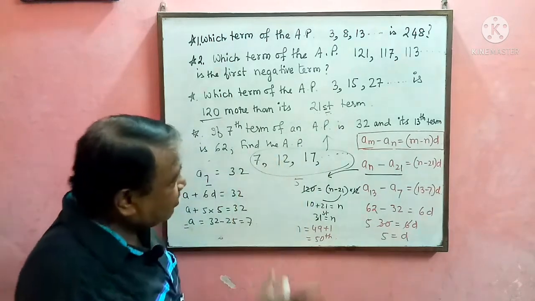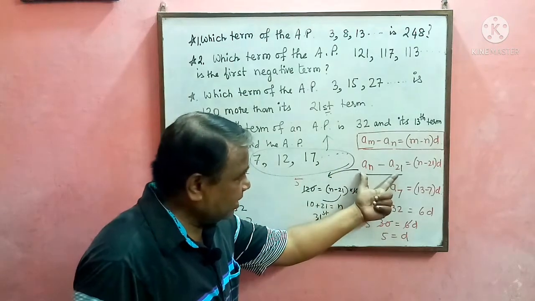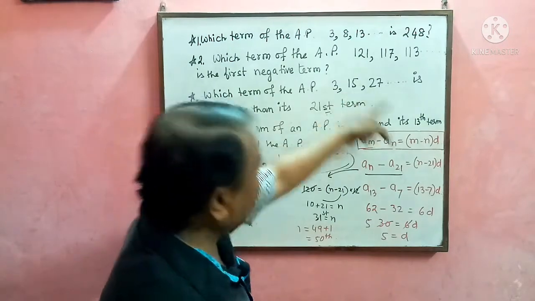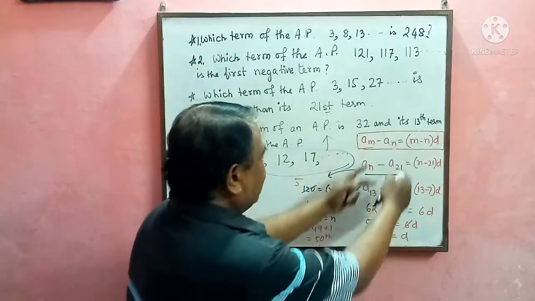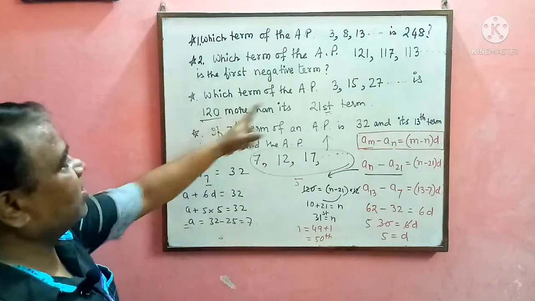So the nth term is there, the 21st term is there. We will use this identity, n minus 21. If the difference is given, we know d also here. So with the help of d, we can easily find out it is nothing but the 50th term is 120 more than this term.